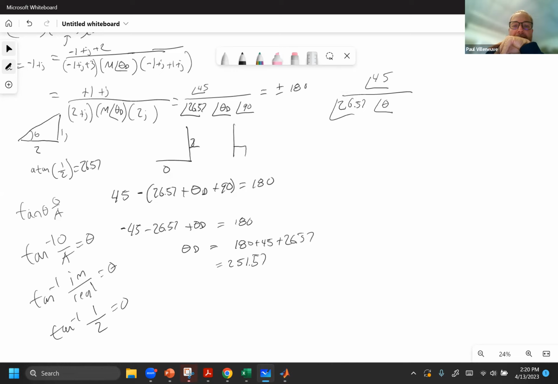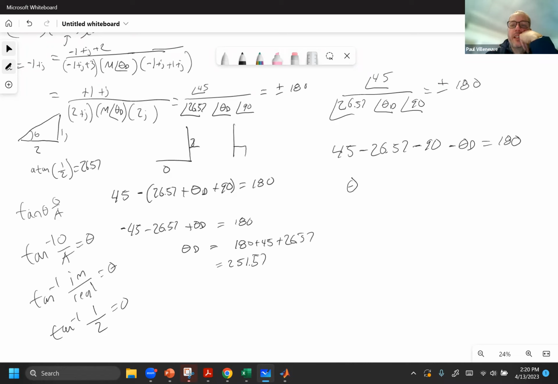This is theta d. This is 90 degrees, that's equal to plus or minus 180. So 45 minus 26.57 minus 90 minus theta d is equal to 180, and let's just do a plus 180 degrees.